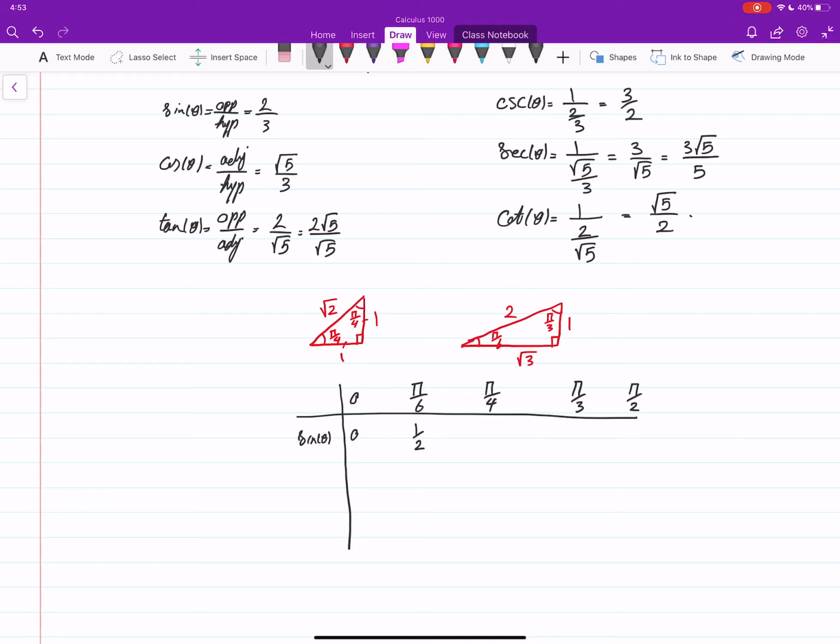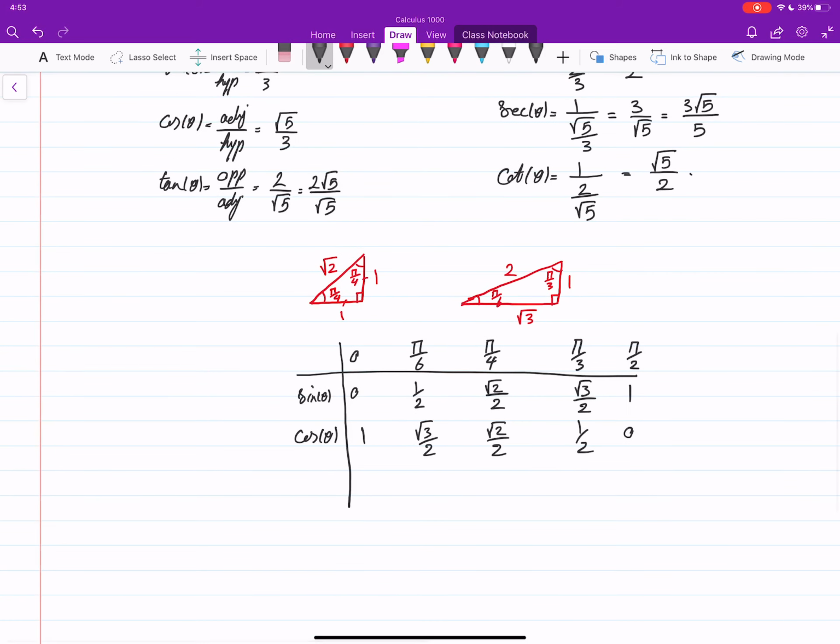It's a good time to pause and use the definition and the triangles given up there and check that you can find these values. So this is root 2 over 2. This is root 3 over 2, and this is 1. For cosine theta, you have 1, root 3 over 2, root 2 over 2, 1 over 2, 0.